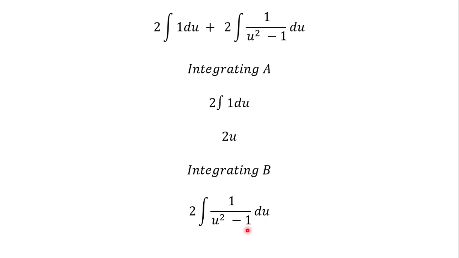Now here, like I said, if you bring this one outside here, the numerator will still be 1. So just don't bother bringing it out. When you see that the one is alone like this, you just leave it as it is.